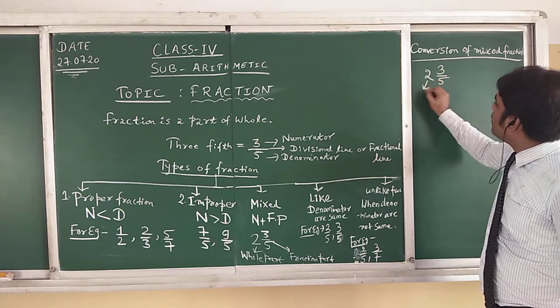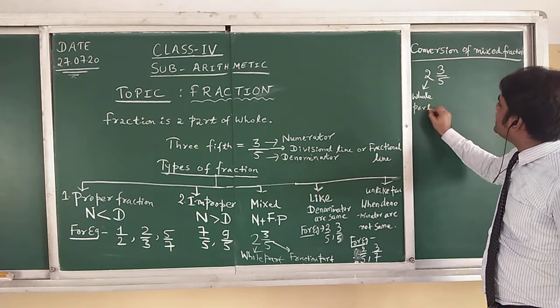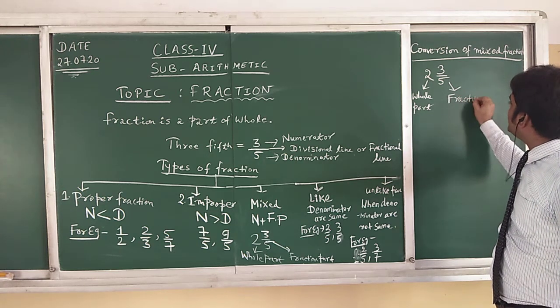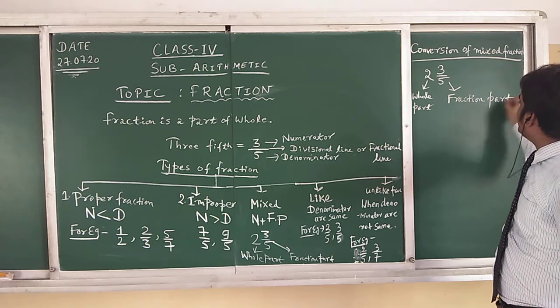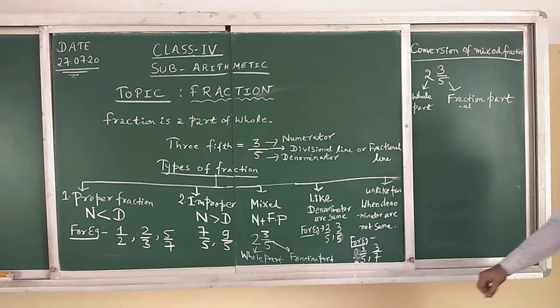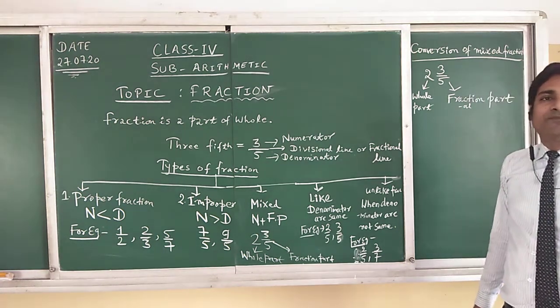This is the whole part, and this is your fractional part. In a mixed fraction, this is your whole part and this is your fractional part. Now, what do we do for converting this number into an improper fraction?